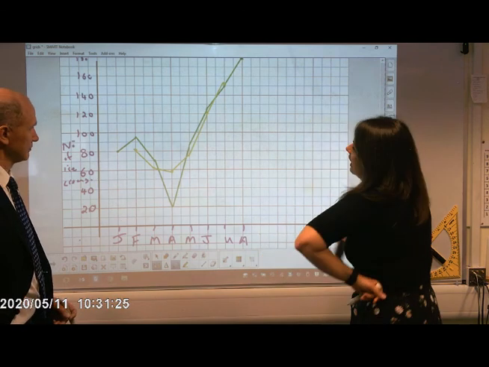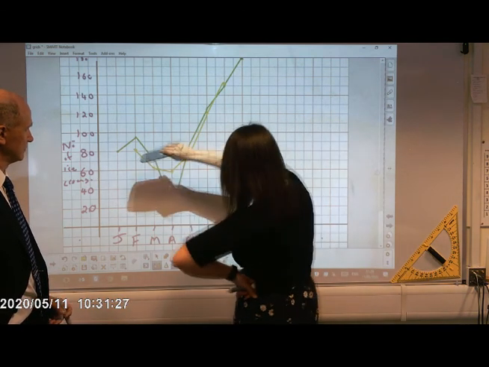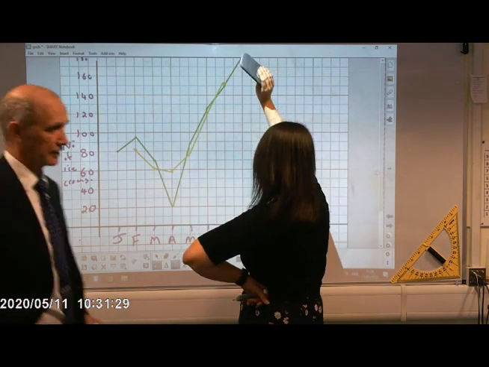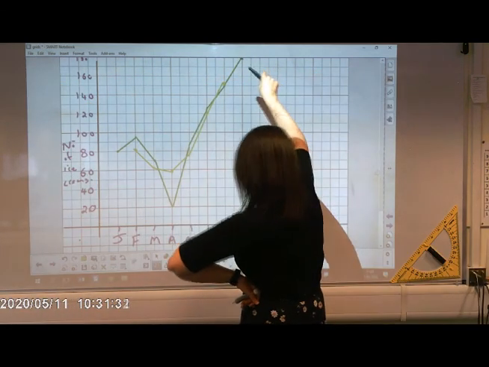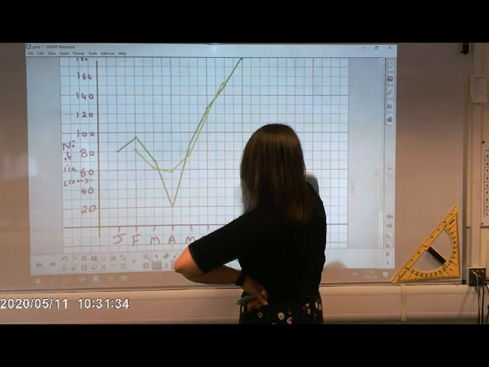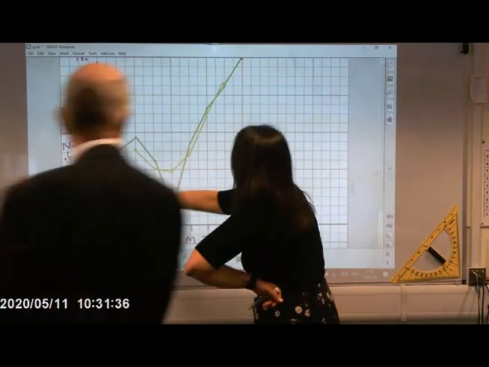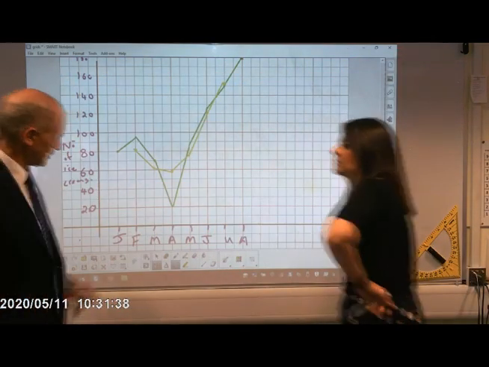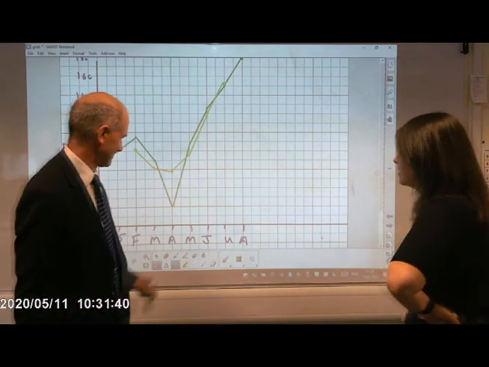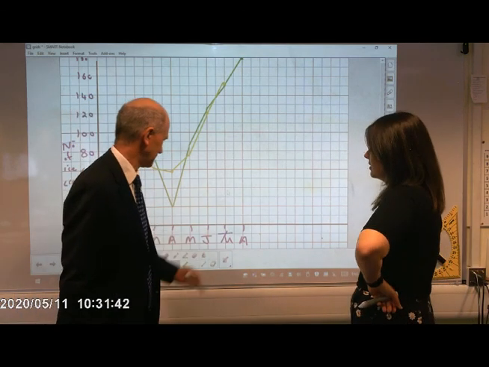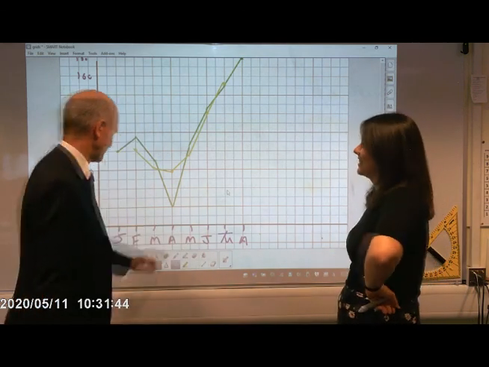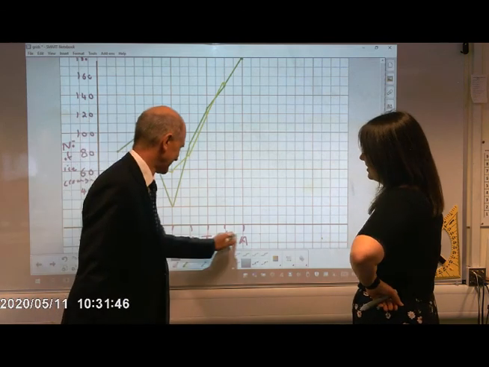So you can see from January up to, I've got a ruler, July, they have still increased. I think that should say J, shouldn't it? Yeah, it was confusing me. There you go. Better?